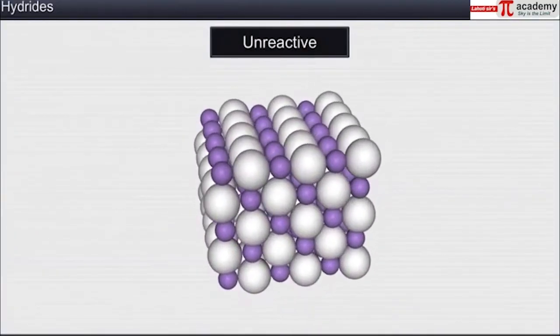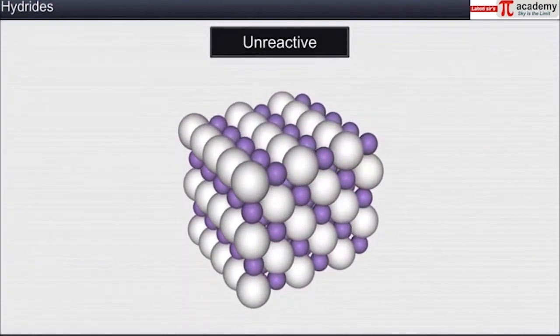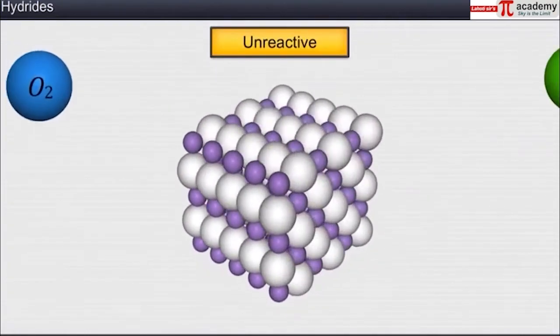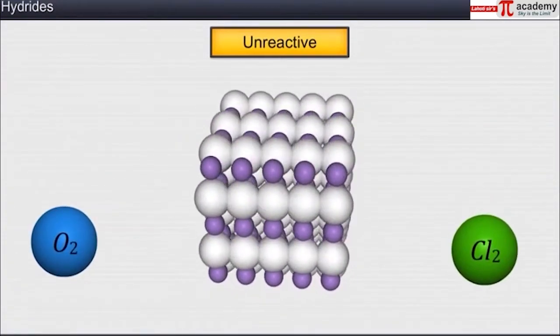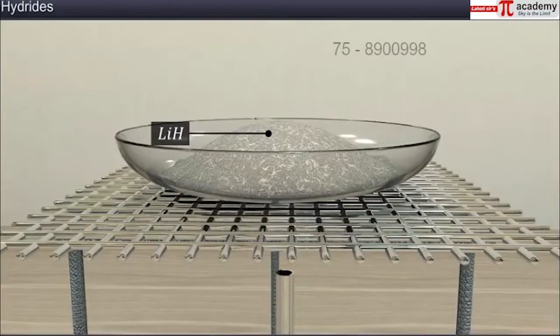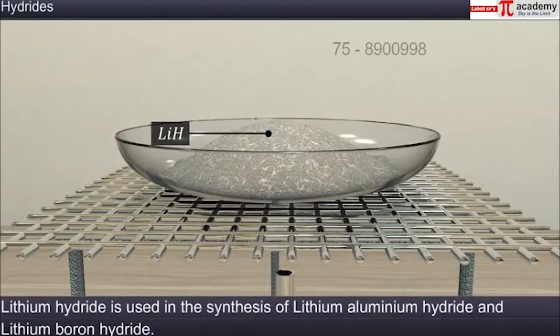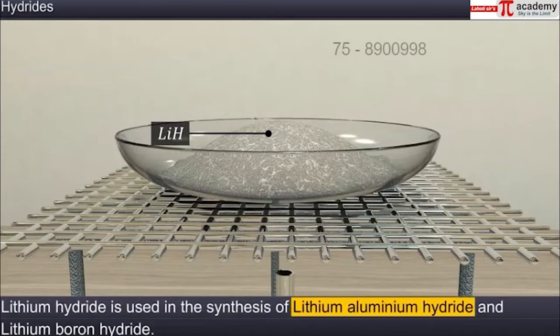Unlike other ionic hydrides, lithium hydride is unreactive at moderate temperature with oxygen and chlorine gas, and is used in the synthesis of other useful hydrides such as lithium aluminium hydride and lithium boron hydride.